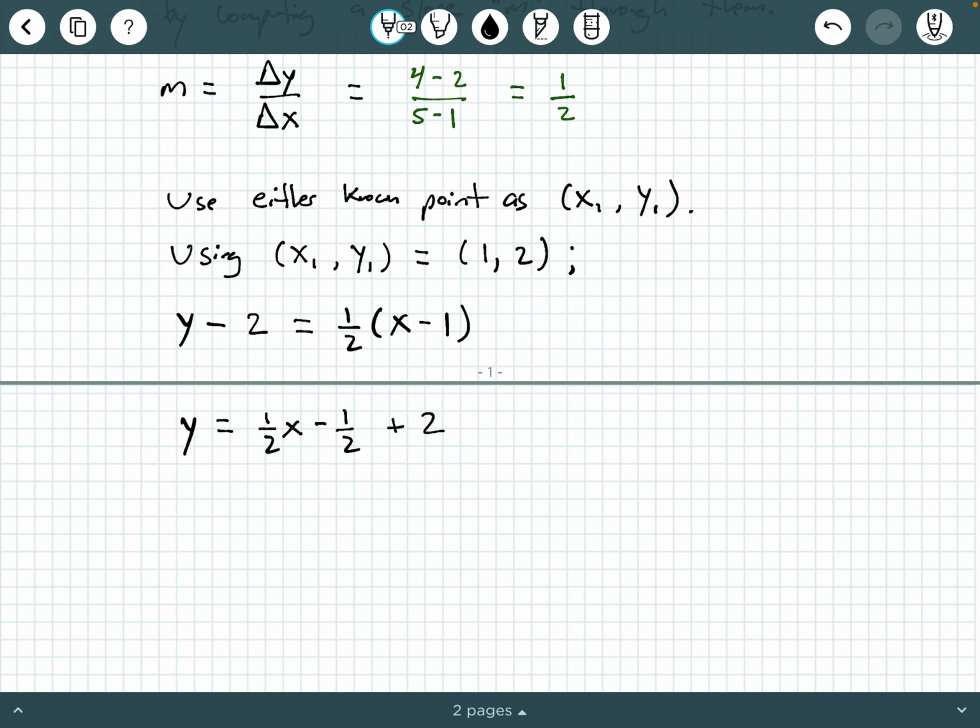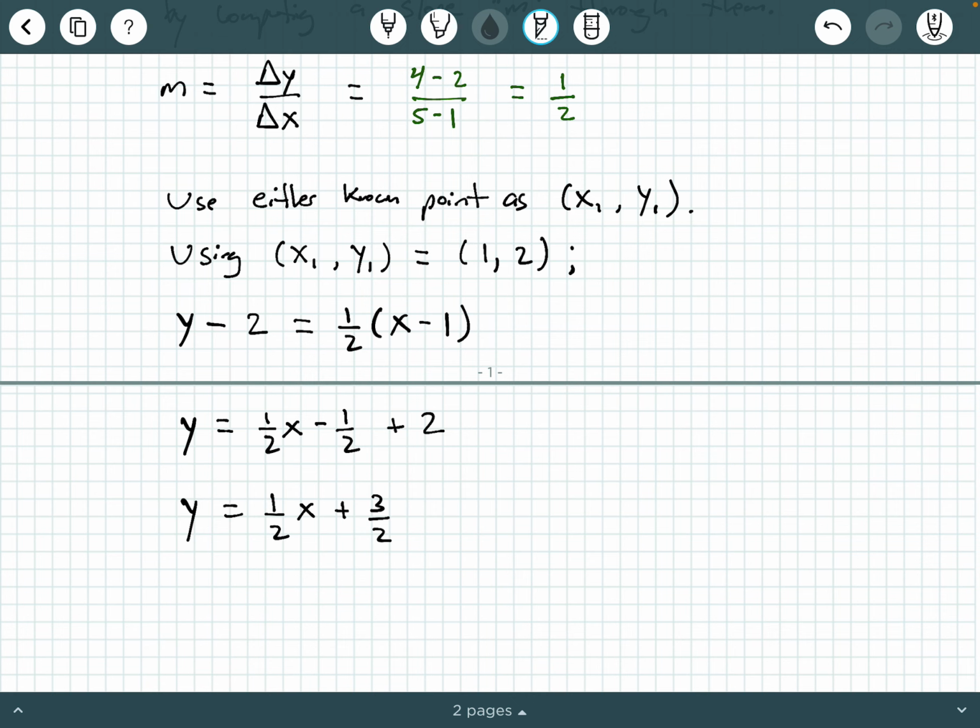All I did was distribute the 1/2 to the x and the minus 1, and then add 2 to the other side of the equation. Then we get y equals 1/2 x, and of course 2 minus 1/2 is 1.5, so we can write that as plus 3/2. So this is a nice governing linear equation using the two known points.